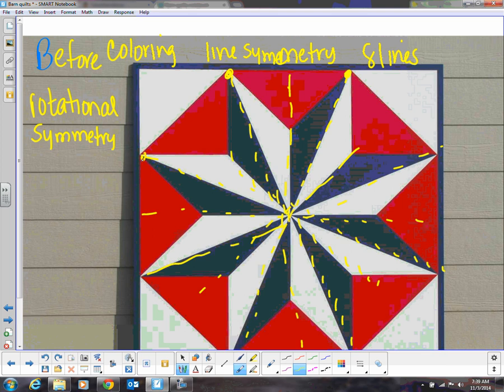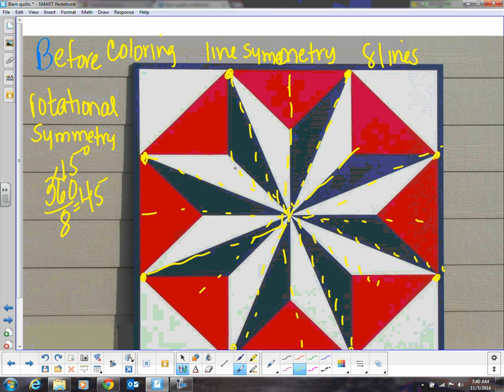There's 1, 2, 3, 4, 5, 6. 1, 2, 3, 4, 5, 6, 7, 8. How do you figure out what the degree of rotation is? 360 divided by 8 is 45. So it has rotational symmetry of 45 degrees. That's before it is colored.